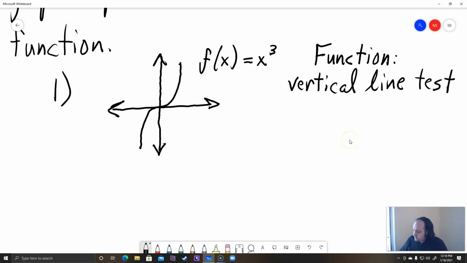So is it a function? Well, if I look at every single vertical line that I can draw here, for example, if I draw a vertical line there, that vertical line only intersects the graph at 1 point.